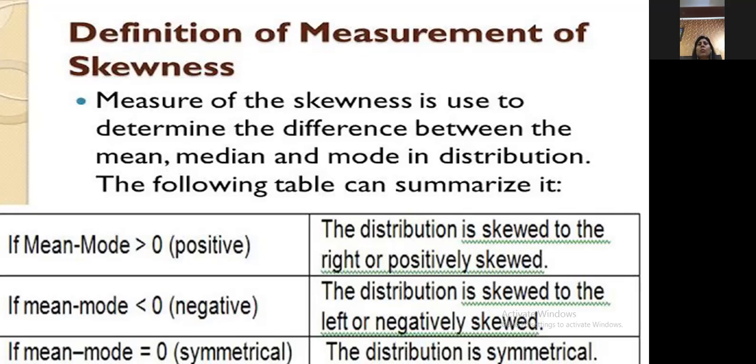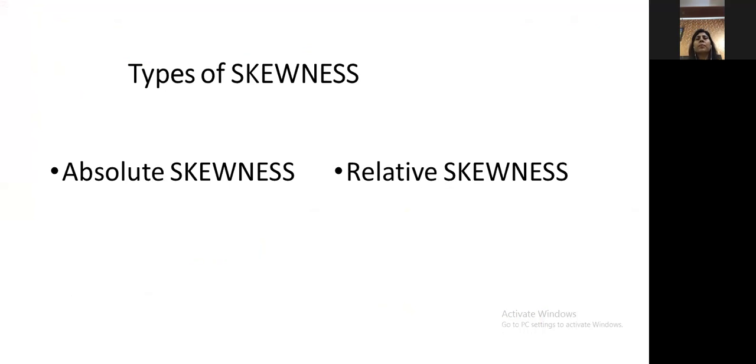How the formulas are used and how the further categories of skewness are formed, let's understand in the next slide. Here come the categories of skewness, that means types of skewness. Skewness is categorized into two parts: absolute skewness and relative skewness.